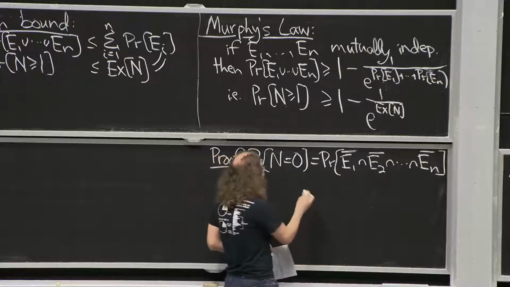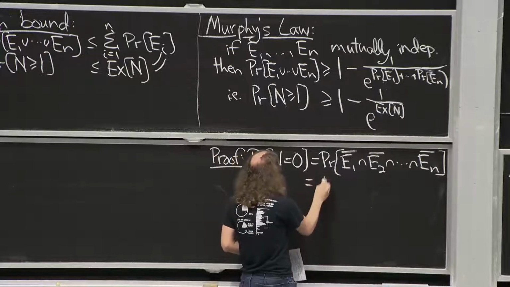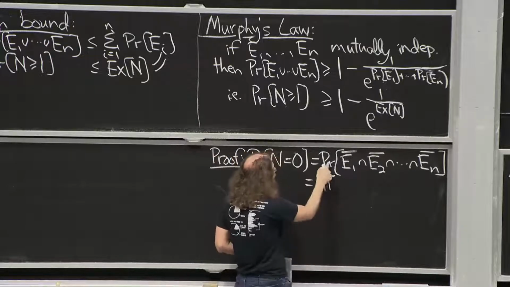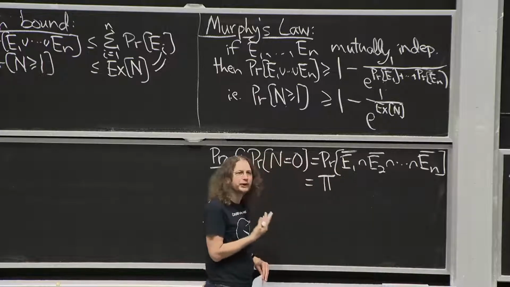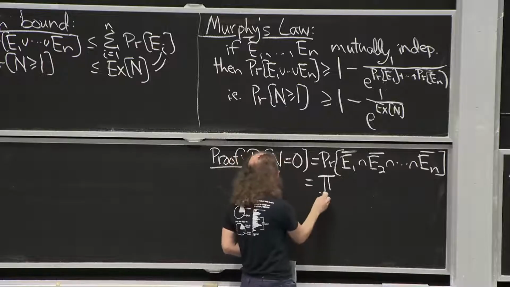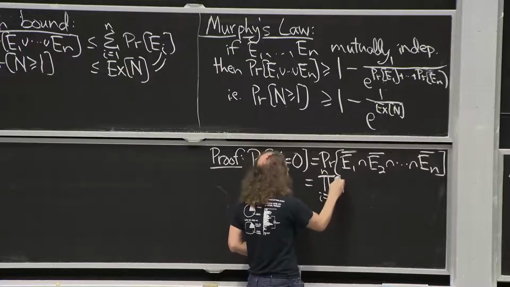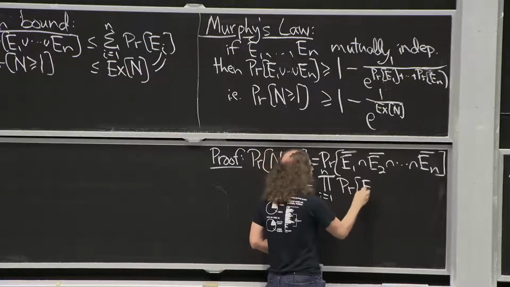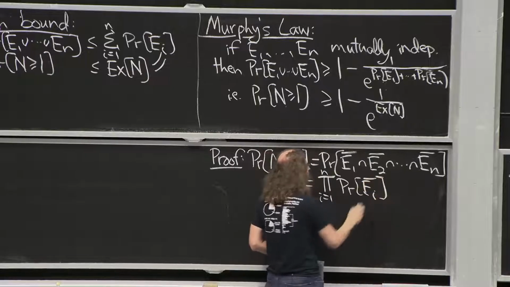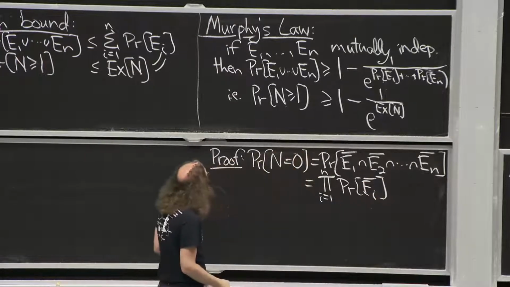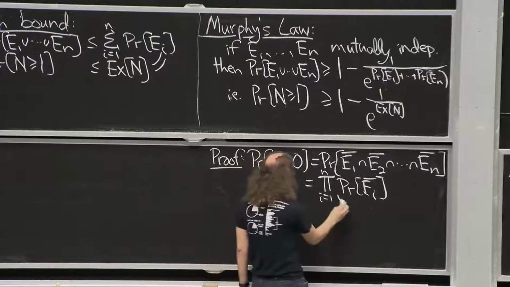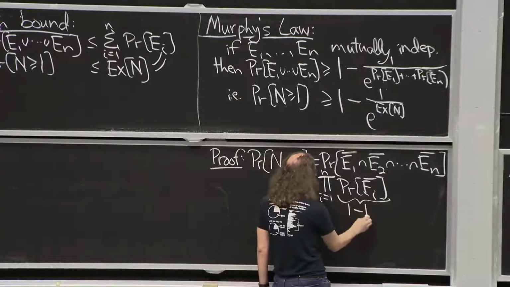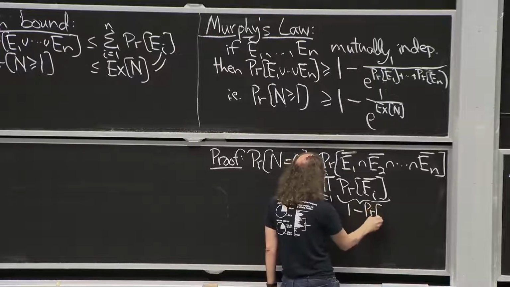And so from the product rule, this probability of intersections for n mutually independent events is just the product of the probabilities. What else? So this probability is, of course, 1 minus the probability of EI.